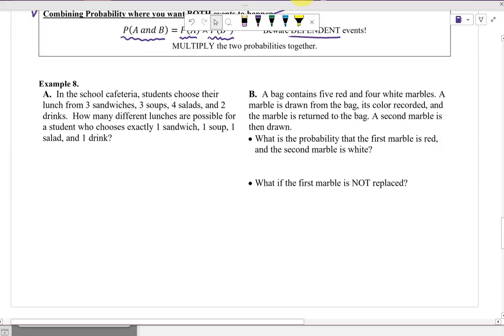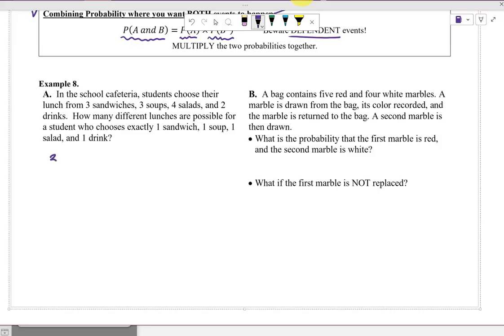In a school cafeteria, students choose their lunch from 3 sandwiches, 3 soups, 4 salads, and 2 drinks. How many different lunches are possible for a student who wishes to choose exactly 1 sandwich, 1 soup, 1 salad, and 1 drink? Well, there's 3 ways to choose sandwiches, times 3 ways to choose soups, times 4 ways to choose salads, and 2 ways to choose drinks.